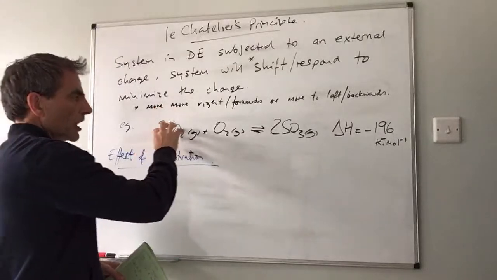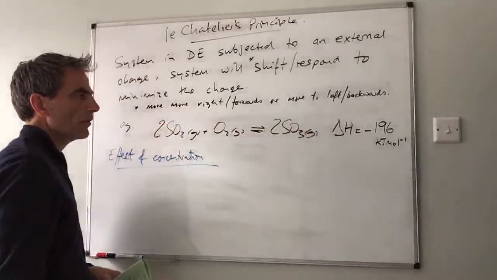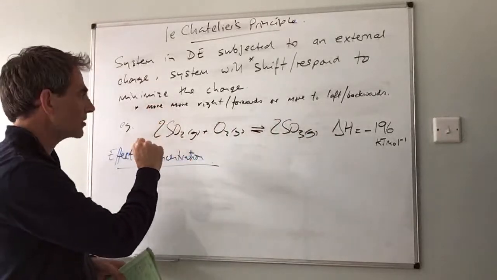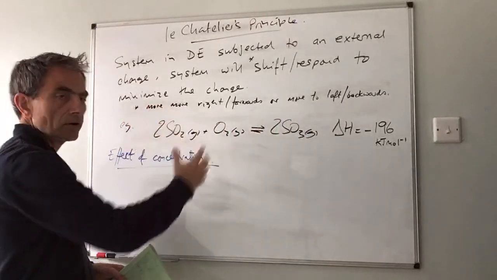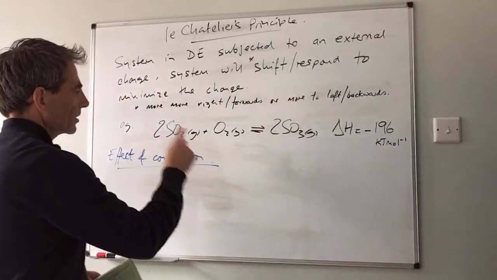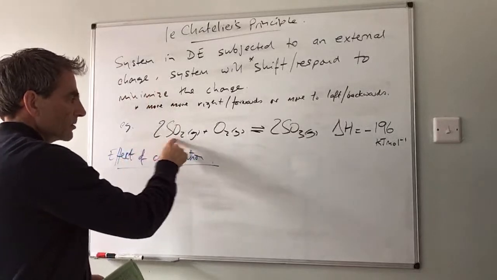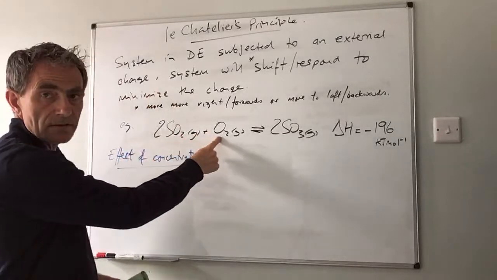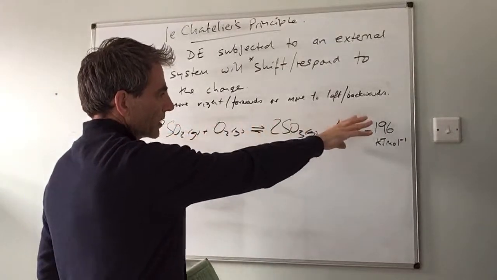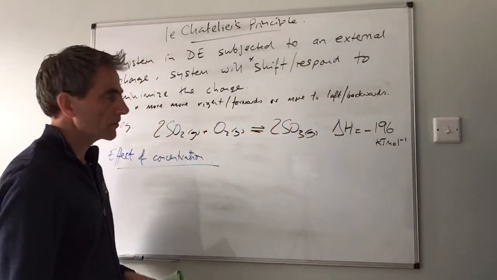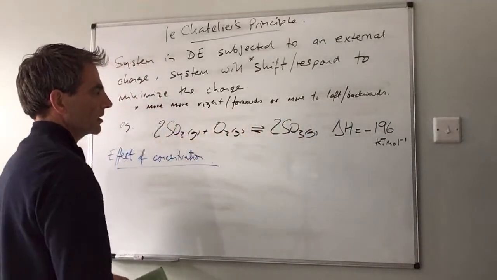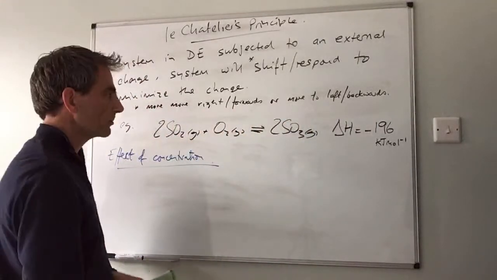Well, if the forward reaction happens a bit more, then that's going to bring the sulfur dioxide concentration back down, and so it's going to re-establish its equilibrium. So if you increase the concentration of any of your reactants, the equilibrium would move more in the forwards direction, or you could say more to the right, to re-establish the equilibrium, okay?